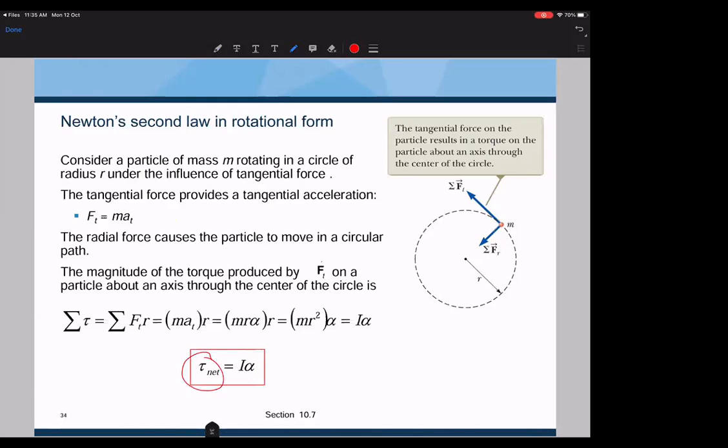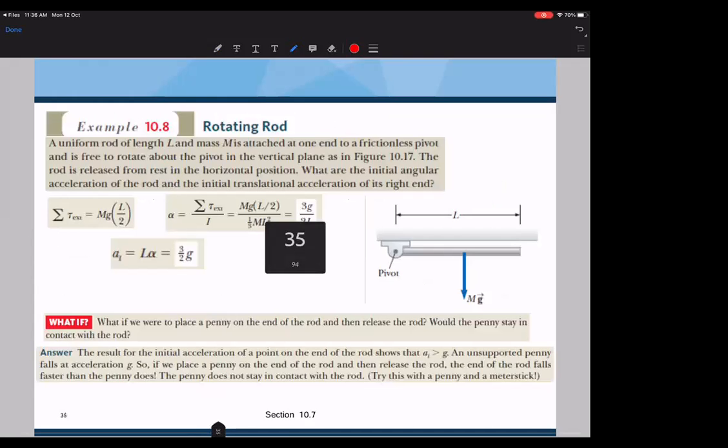I is the moment of inertia, alpha is the angular acceleration. So if you have an object that is under the action of net torque, then it would suffer a rotational acceleration or deceleration. And it is related also to the moment of inertia of the object about the axis of rotation.